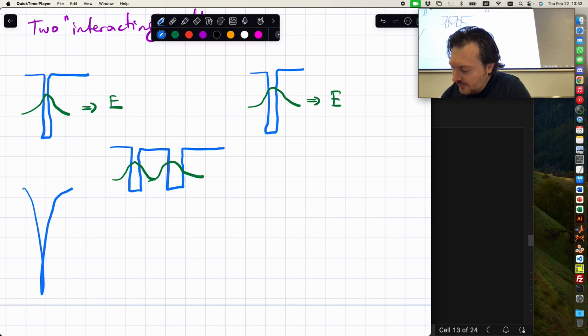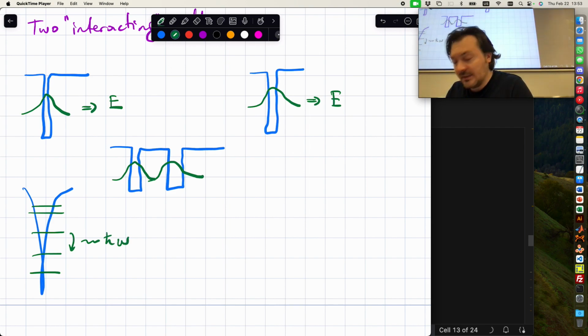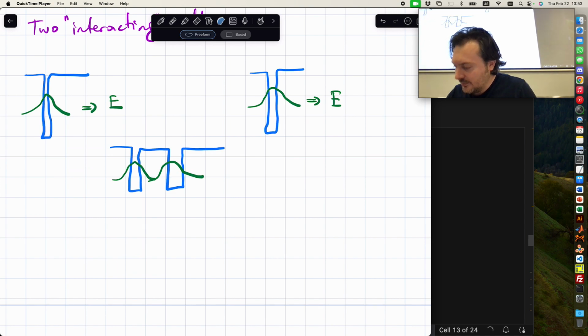Hydrogen potential has certain energies, right? And depending on these energies, it will shine out light that has this much energy, right? So we have experimental confirmation of this effect with the light that we observe coming out of hydrogen atoms.